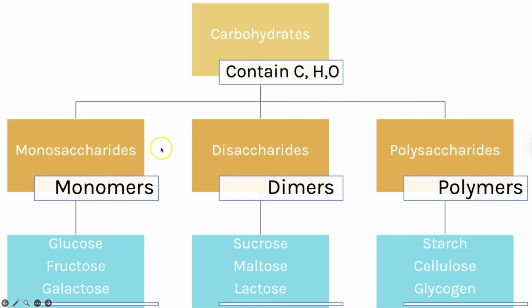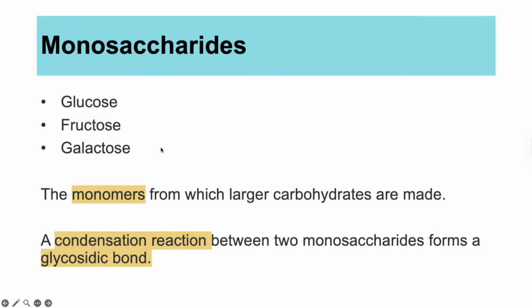So let's have a look at each of these in the level of detail that you need to know. Starting with the monosaccharides, we have glucose, fructose and galactose like we just said. These are the monosaccharides. And a monosaccharide is the generic term for the monomers from which larger carbohydrates are made. And to turn those monosaccharides or monomers into the polymers, which are polysaccharides, or even into disaccharides, you would have a condensation reaction between two monosaccharides, and the name of the bond is a glycosidic bond.